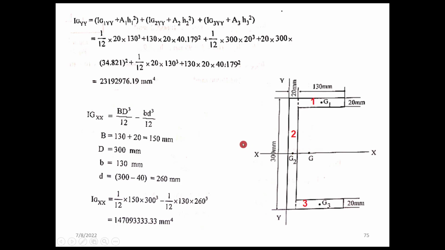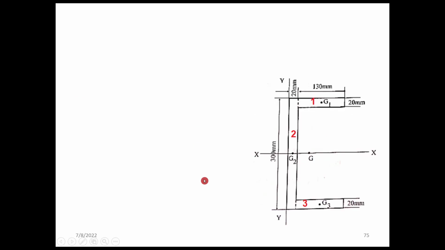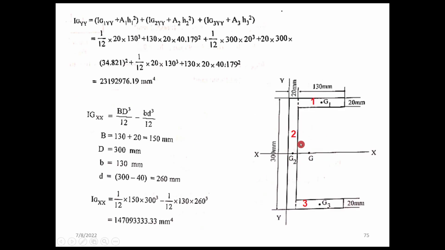That is actually 44.821 minus 10, so 34.821 plus 1 by 12 into 4.